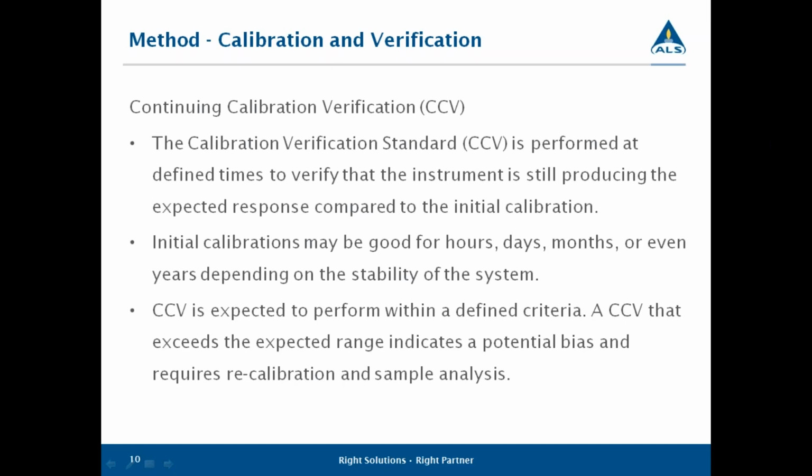Initial calibrations, as you can see there, can be good for short duration or years, depending on the stability of the system. However, the CCV is expected to perform within the defined criteria. A CCV that exceeds the expected range indicates potential bias and requires recalibration and additional sample analyses. So again, this is all stuff we're doing before that has to pass muster before you even see the results.